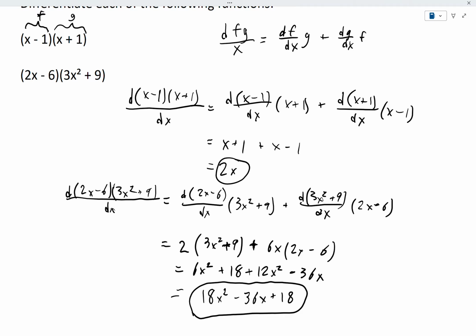But regardless, we would have a polynomial stretched out for each one. And for that, we could just use the derivative of a sum rule and perform the derivative for each individual term. So either way you do it, you're doing the same thing. Just the product rule is sometimes a shortcut for performing that big giant multiplication before you take the derivative. But that's how you take the derivative of these couple of functions here.